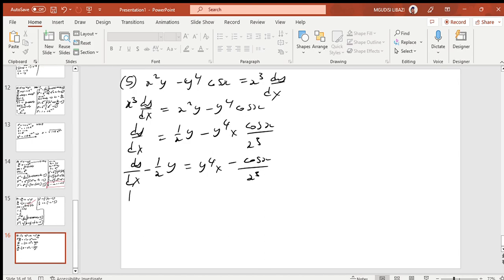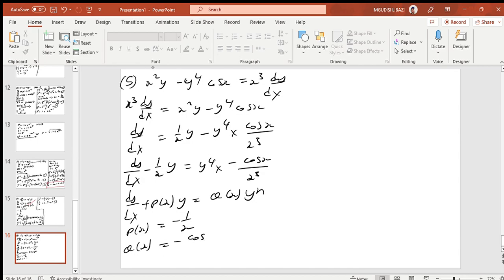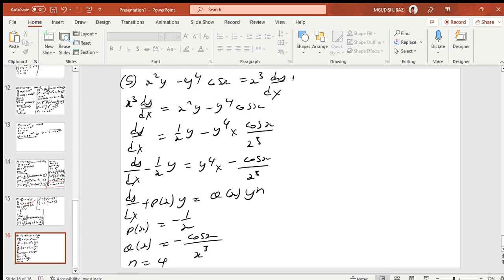So you can see now this is in the form dy over dx plus p of x multiplied by y, which is equal to q of x y raised to n, with our p of x being equal to negative 1 over x, our q of x being equal to negative cosine of x all over x raised to 3, and our n is equal to 4.